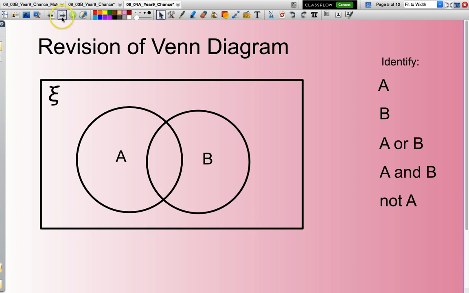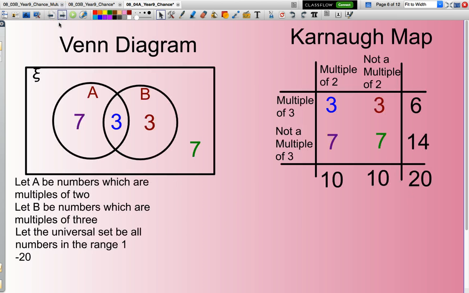So let's have a look at a Karnaugh map. This question is one that's been repeated from a previous presentation. Set A contains all the numbers which are multiples of 2, set B all the numbers which are multiples of 3, and there's a universal set which are all the numbers in the range 1 to 20.